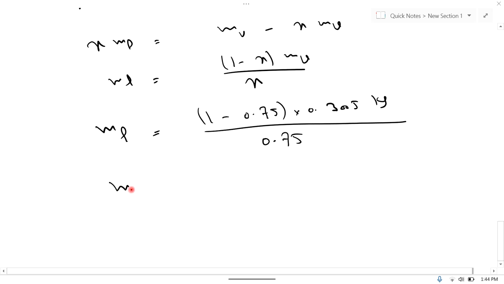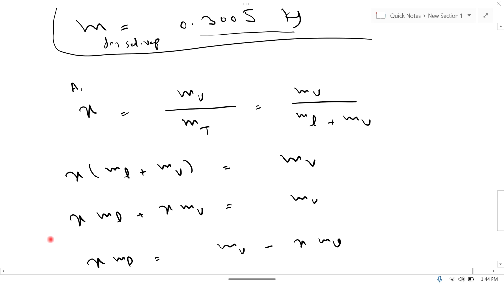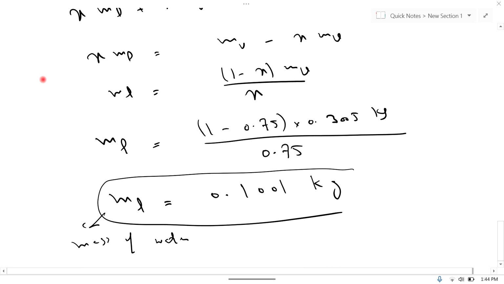Now this is a simple calculation. Simplify this, so the mass is equal to 0.1001 kilogram. This is the mass of water, and this is the mass of dry saturated vapor.